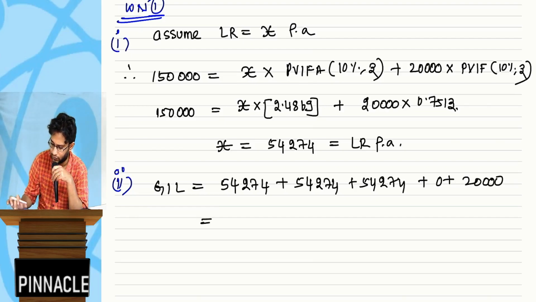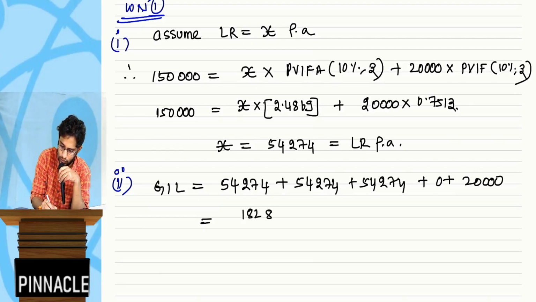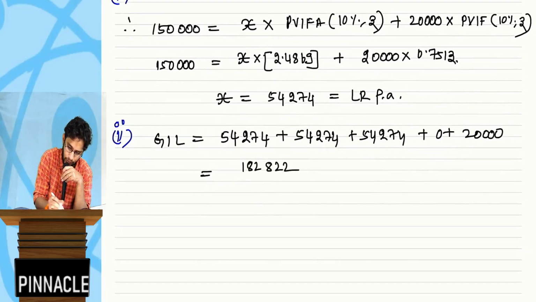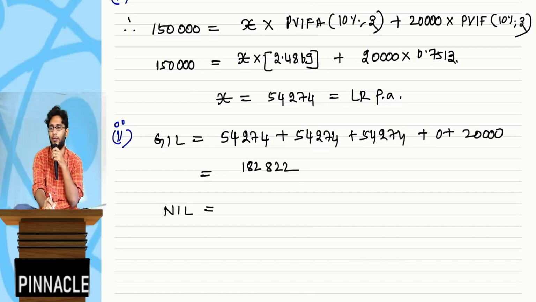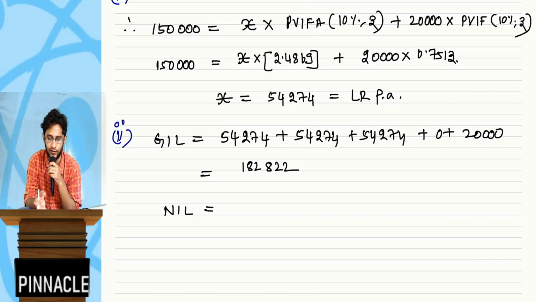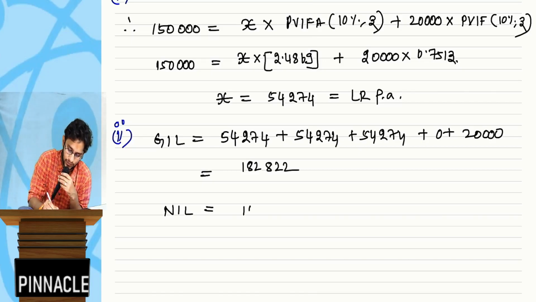So 54,274 into 3 plus 20,000, which is 182,822. Now what I want is NIL. NIL you need not calculate. Why? If you discount everything, you will get 1,50,000 only. That's why you need not calculate.